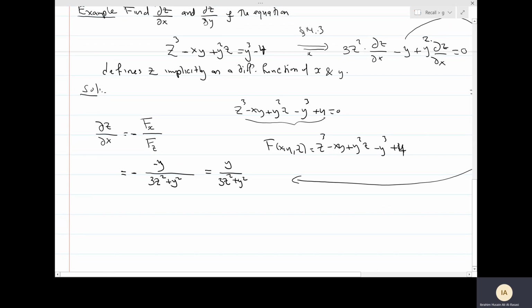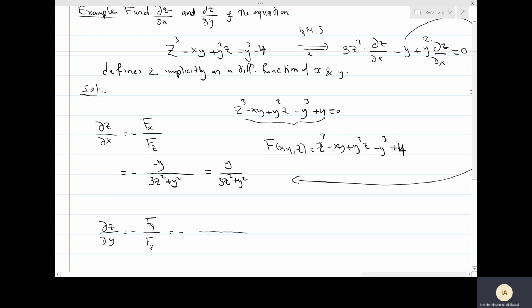Now for partial z partial y, you have the same thing. The formula is minus f sub y over f sub z. It is minus. How to find f sub y? Again, you differentiate f with respect to y, looking at x and z as constant.